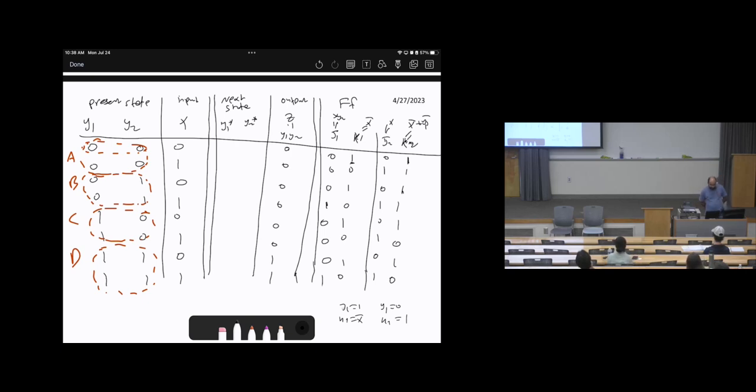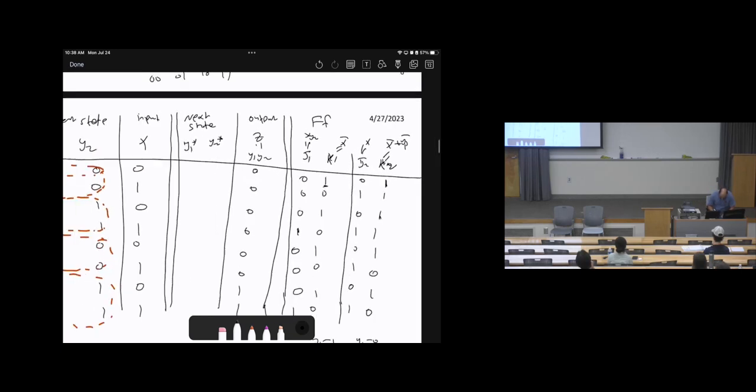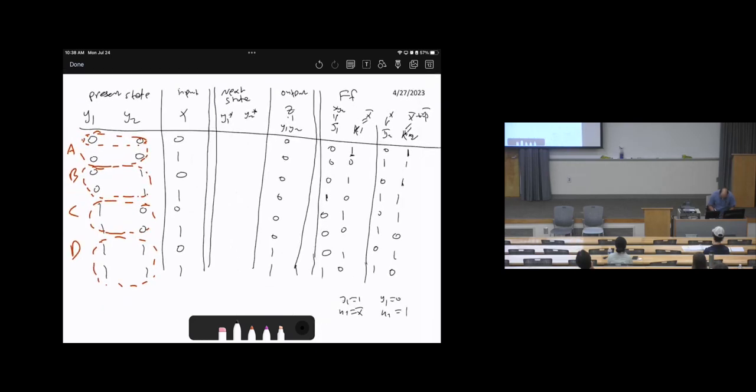After that, we need to apply JK flip-flop for y1 and y2. So how can we achieve this? Basically, for any JK flip-flop, Q star will be J Q bar plus K bar Q. Okay, let's look at y1.